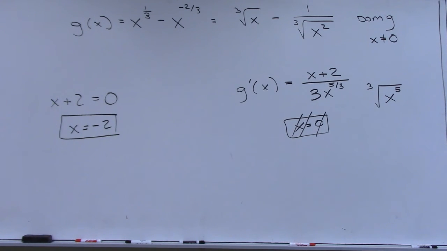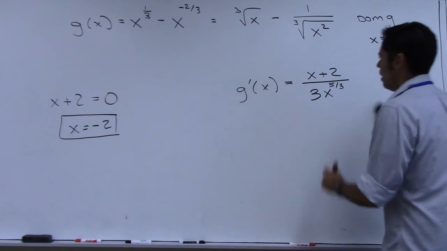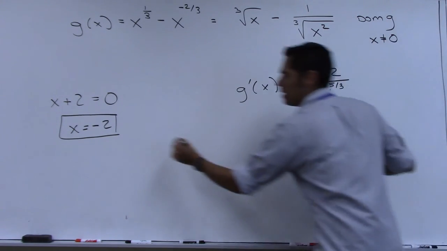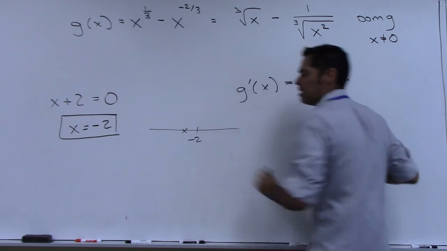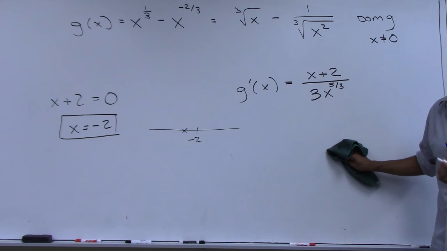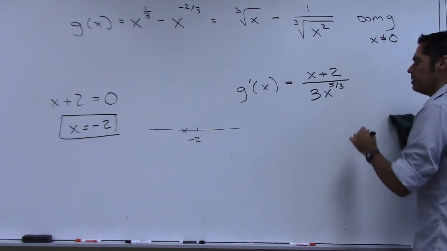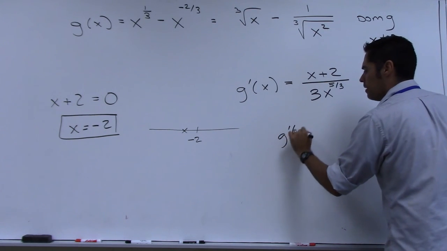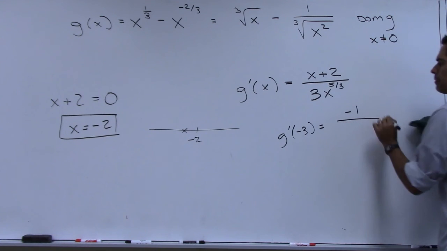So what I'm going to do here to convince us is I'm going to look at my derivative. Here it is. And I'm going to plug in a point, if this is my number line, -2. Just going to pick a point somewhere to the left of -2, like -3. If I plug -3 into here, let's see what happens. So what's g prime of -3? We get -1 on top.